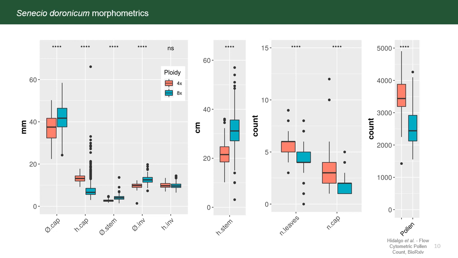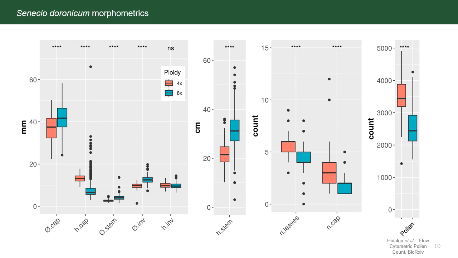We measured a suite of different morphological traits on Senecio doronicum, and as you can probably see from these box plots, they're not massively different between the two ploidy levels, but due to the sample size that we achieved, we were able to detect statistically significant differences.